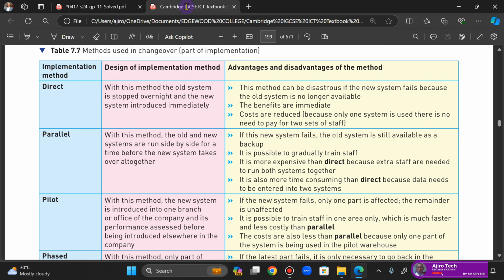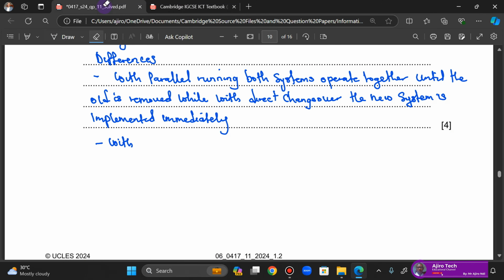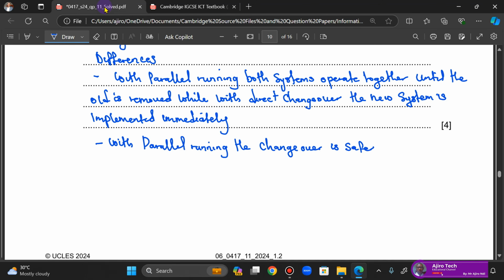Okay, so we can go with that. So with the parallel running, the changeover is safer as the old system is still operating for a while.